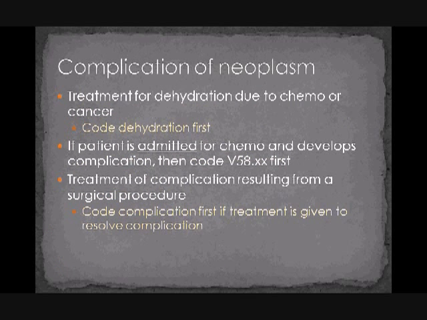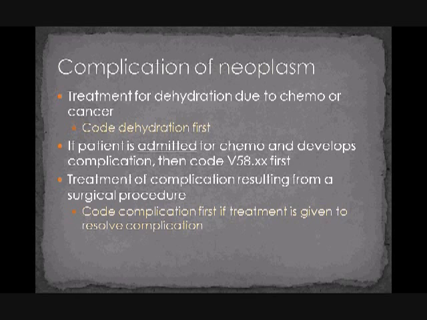Now let's say other complications of neoplasm. We already talked about the process you follow with chemotherapy. In a similar situation, it's not anemia but something like dehydration due to chemotherapy. In the first scenario, the person is receiving treatment for dehydration due to chemo.